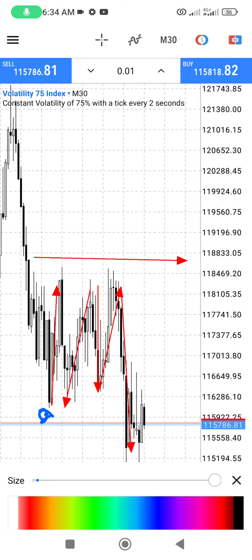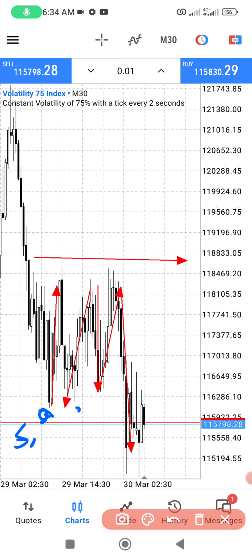The probability here is about 40%. Because we have a 50% probability for the force to go upwards.